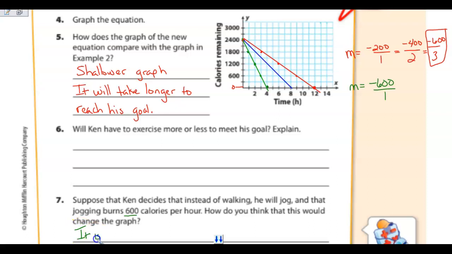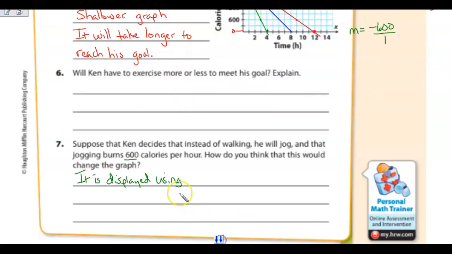It is displayed using a steeper line. We know this because it will take less time to meet his goal.